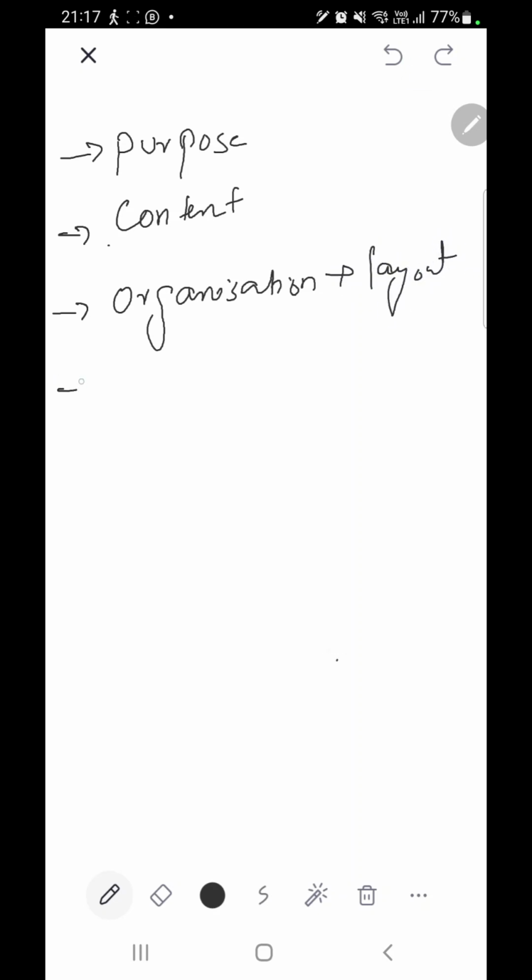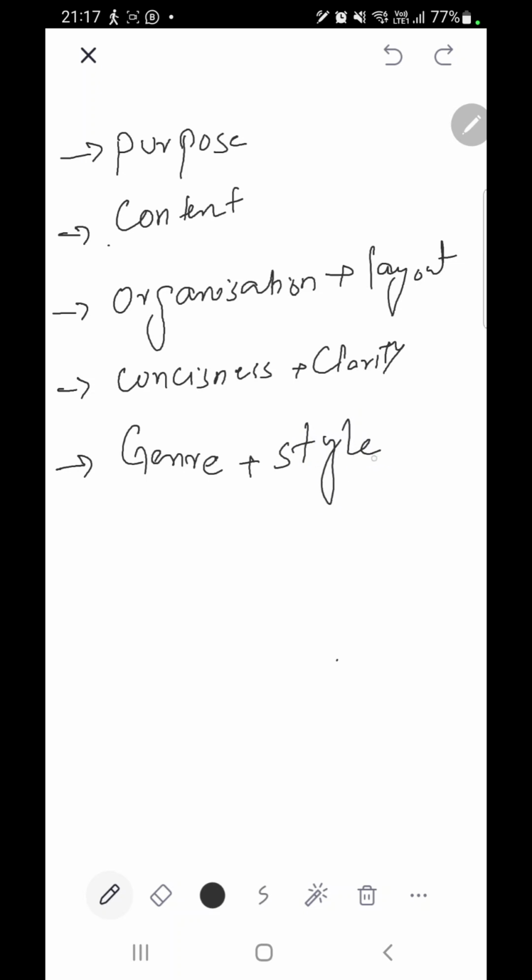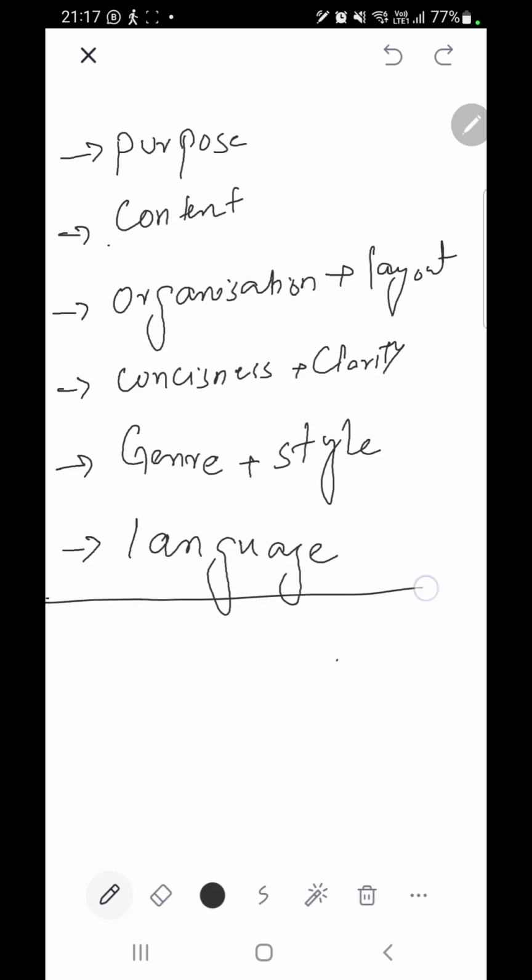The fourth one is your conciseness and clarity. The fifth one is your genre and style. And the sixth one is your language part, right? So these are 6 points on the basis of which your writing will be marked. We'll discuss these 6 points in detail before we move on and discuss one case live in class.